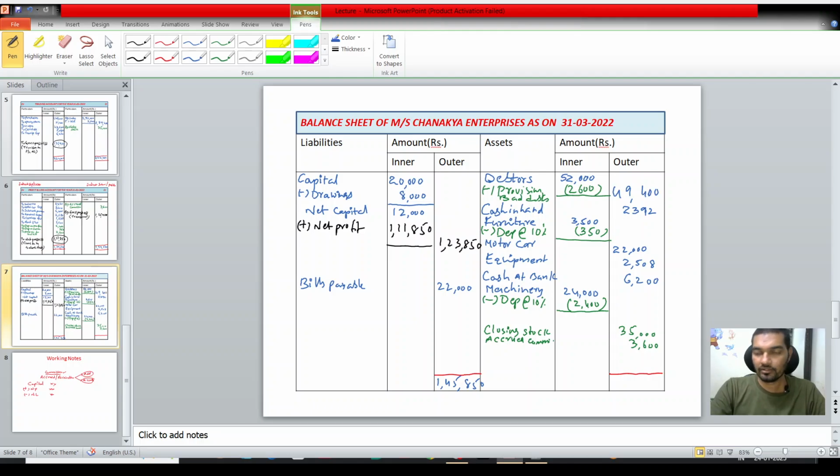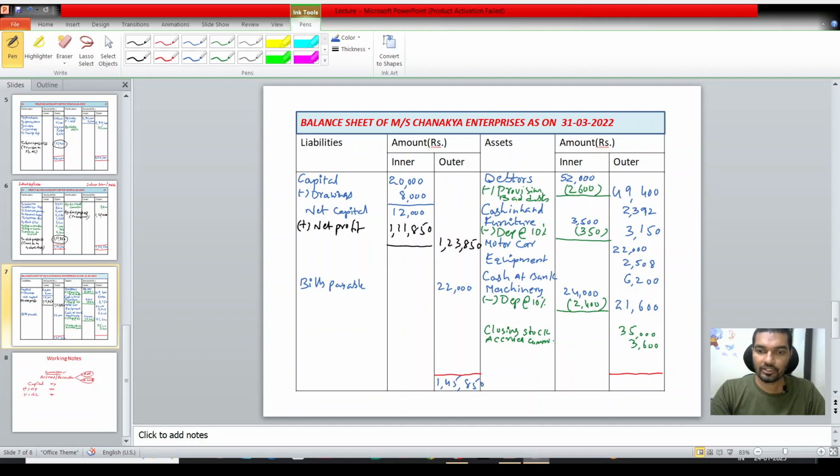Similarly 3,500 minus 350 is 3,150, and similarly 24,000 minus 2,400 is 21,600.